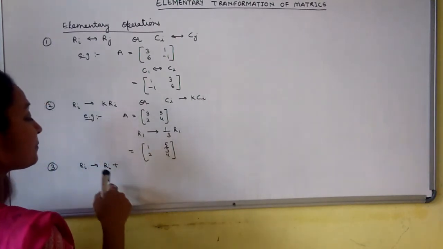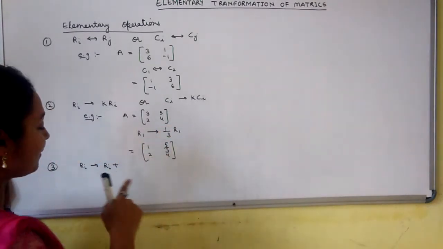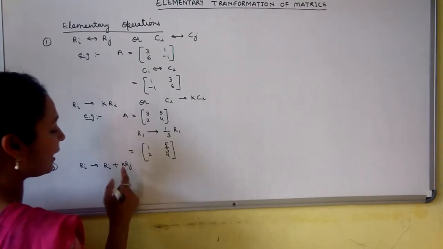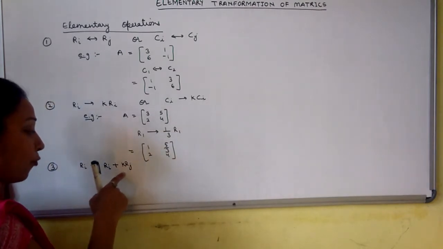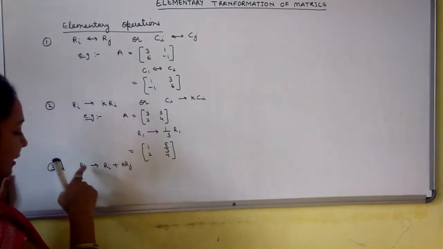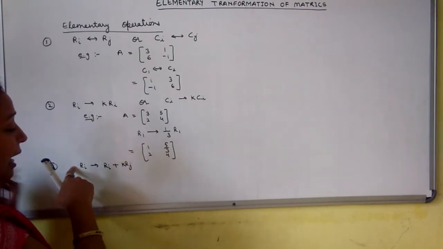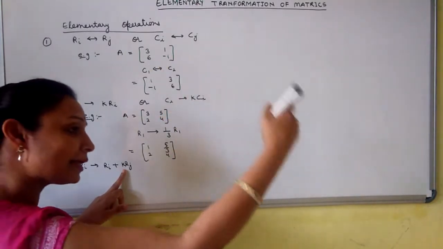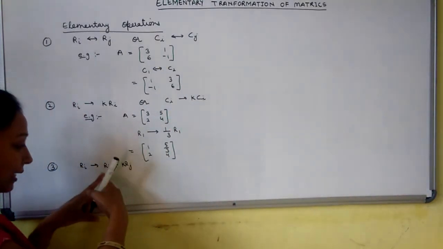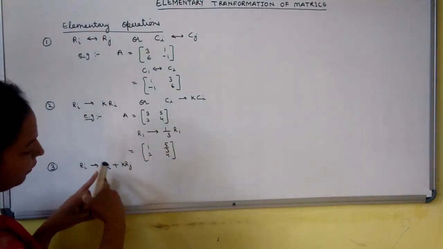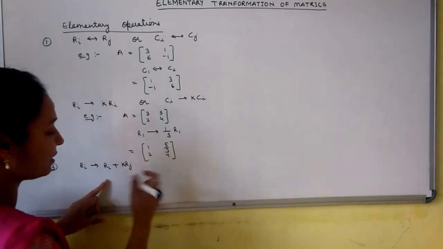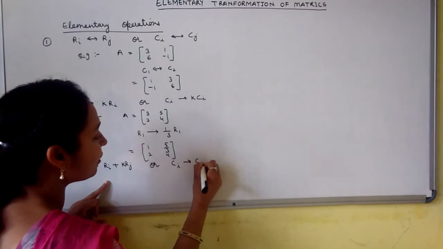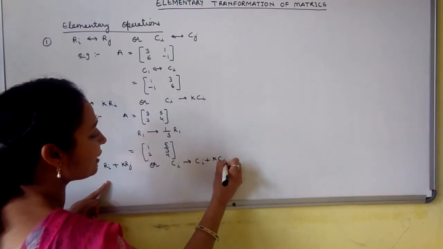If you want to multiply any other row by any constant and take the addition, you can change any row by multiplying the third row or second row by any constant and adding. This is also applicable in columns. I will give an example.